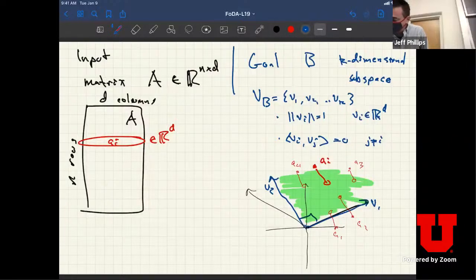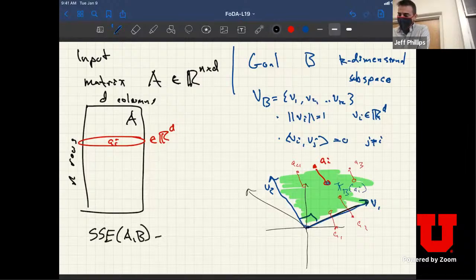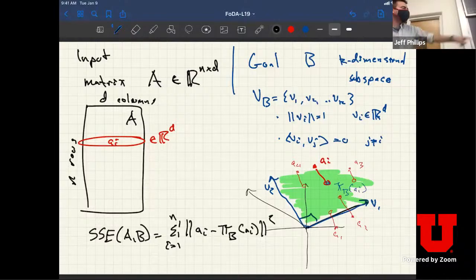So this point here will be the projection onto B of A_i. I want to write the sum of squared errors between A and B as the sum from i equals 1 to n of the norm of A_i minus the projection onto B of A_i, squared. And I want to find B that is minimizing this.